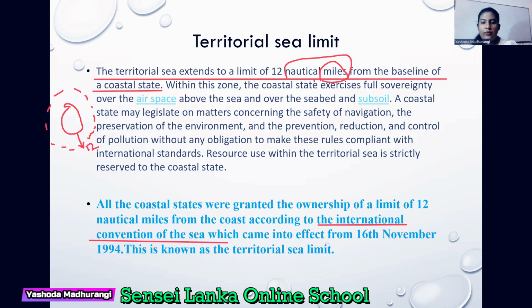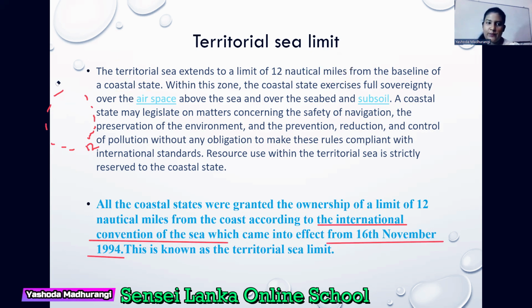It came into effect from 16th November 1994. After 16th November 1994, the International Convention of the Sea gave this idea of the territorial sea limit. I think it is difficult, but you understand it now. Okay.